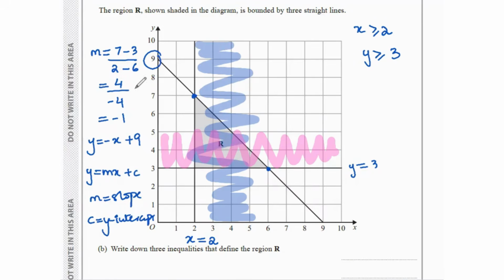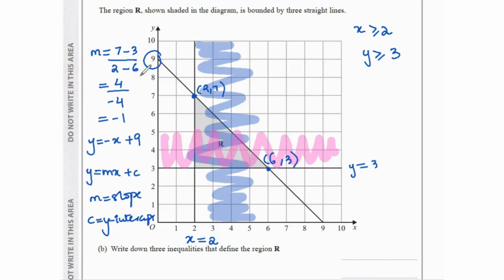And then m is the slope, which we calculated using 2 points on the line of the equation. So we took 2, 7, and we took 6 and 3. You can take any other point as well. There's no restriction, but you have to make sure that the points lie on the graph of the line. Then we use the gradient formula to find the gradient, which was negative 1, and that gives the equation.